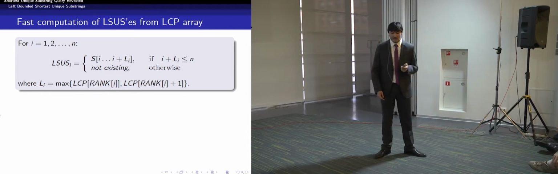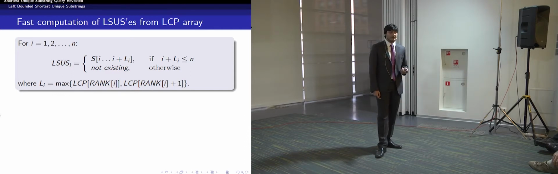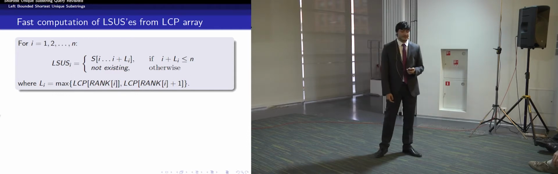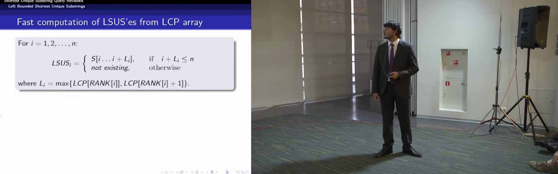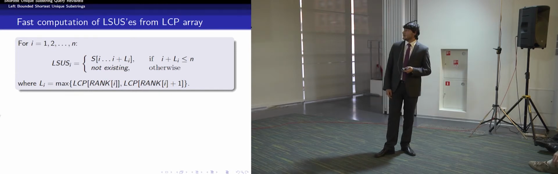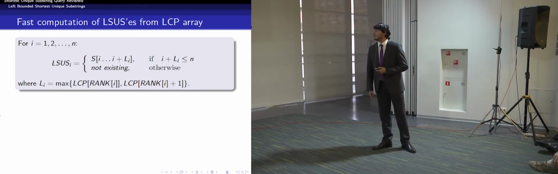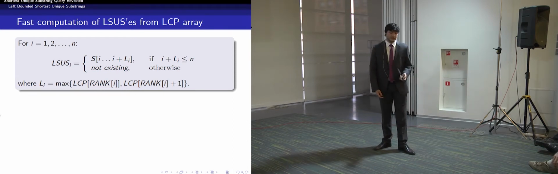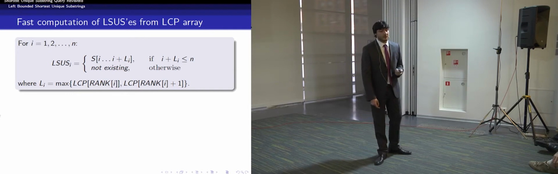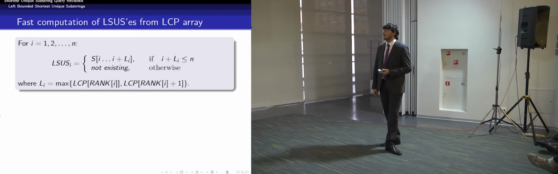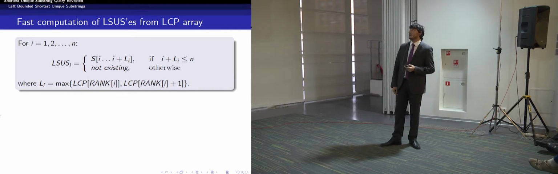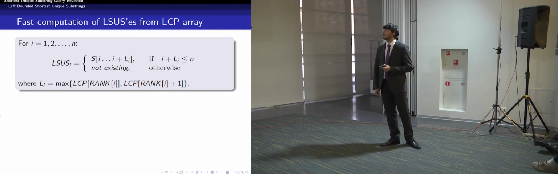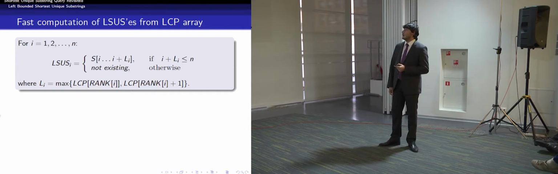Extending that longest common portion will give us a unique substring which does not appear anywhere in the string. If the boundary of that extension goes over the boundary of the string, then that suffix is actually a repeat and the LSAS i does not exist.